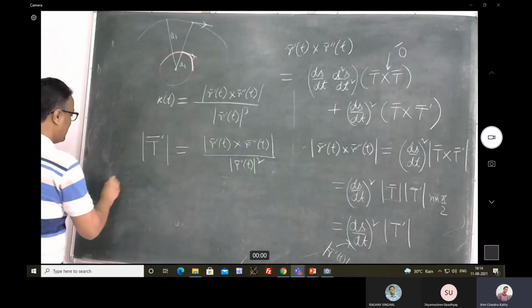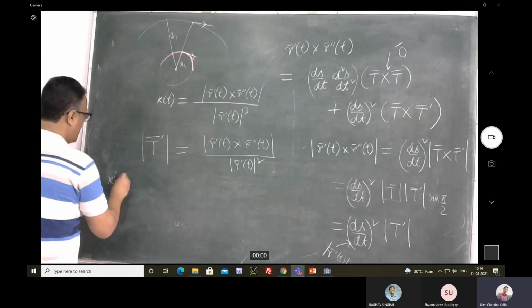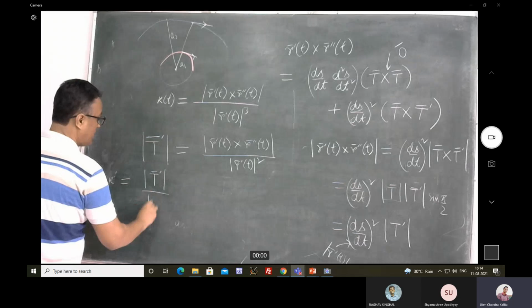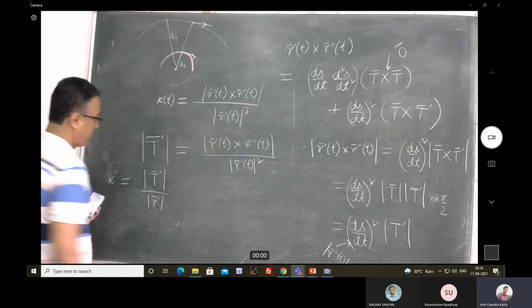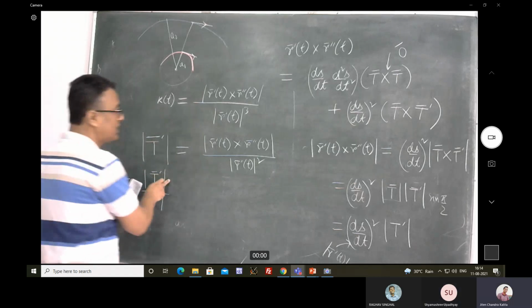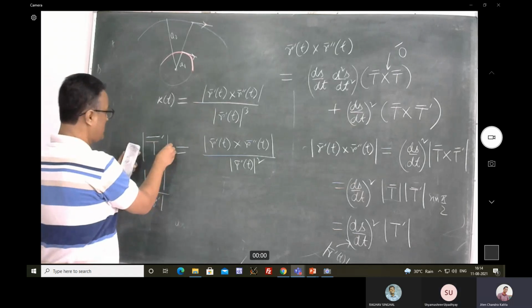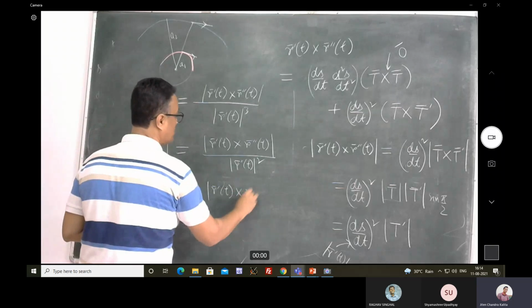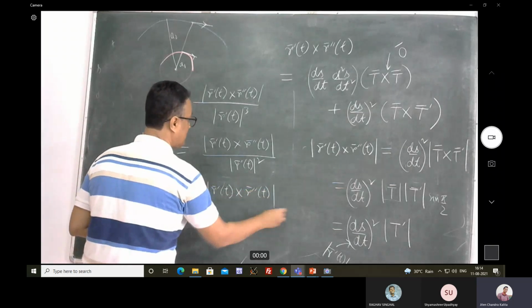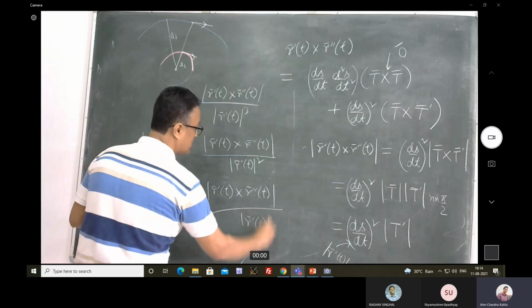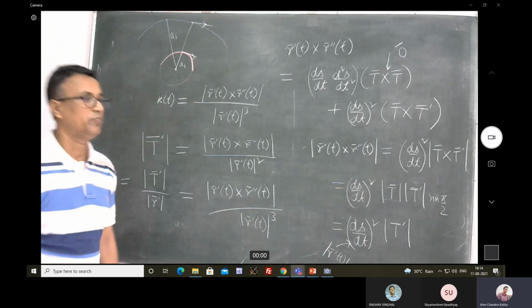But I know that kappa is equal to mod of T prime divided by mod of r prime, isn't it? We derived this. Yes. Okay? So from here, if I make use of this, this is going to be mod of r prime t cross r double prime t, and with this extra mod r prime t.